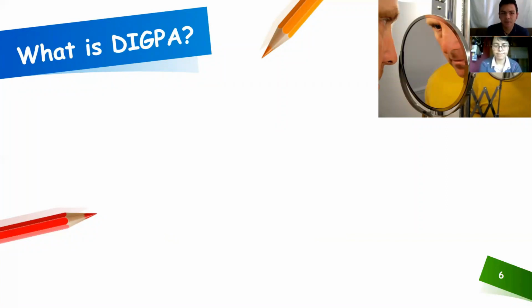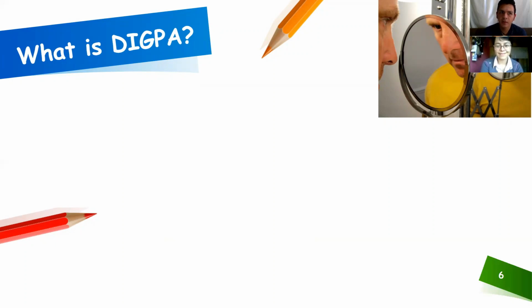How is this related to DIGPA? Well, whenever you are trying to reflect on something, as you can see on the picture, you tend to look back or to analyze specific things that you did, and you try to understand why you did those things and how you can improve and make it better the next time.